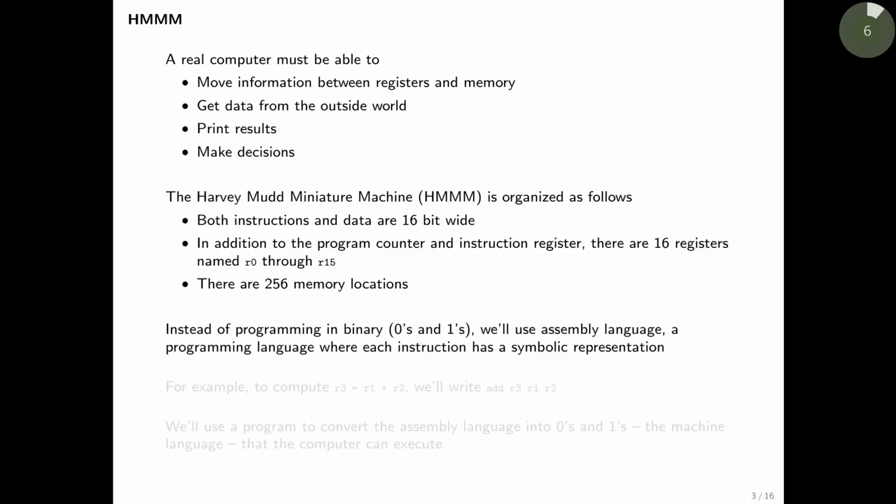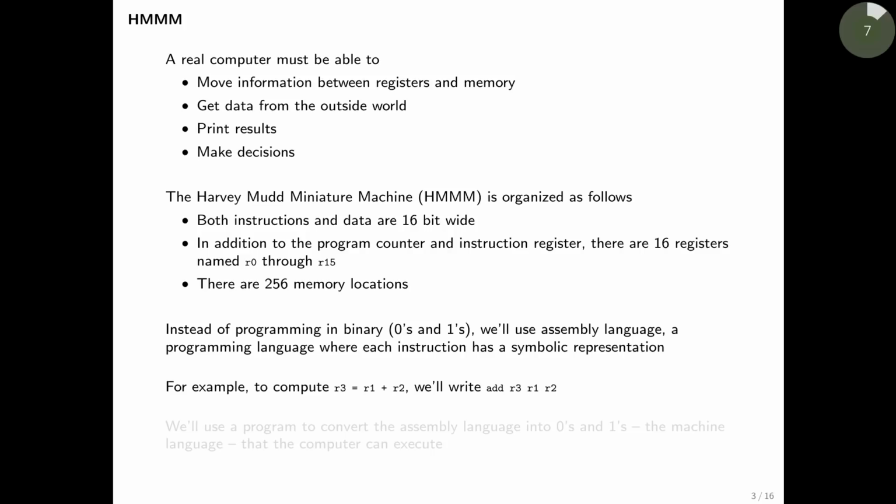Now, as we mentioned in the last lecture, we don't want to be writing code in binary, meaning we don't want to be writing programs in zeros and ones. Instead, we want to be writing our programs at a higher level. So what we will use here is an assembly language called HMMM, which is a programming language where each instruction has a symbolic representation, which is much easier to work with.